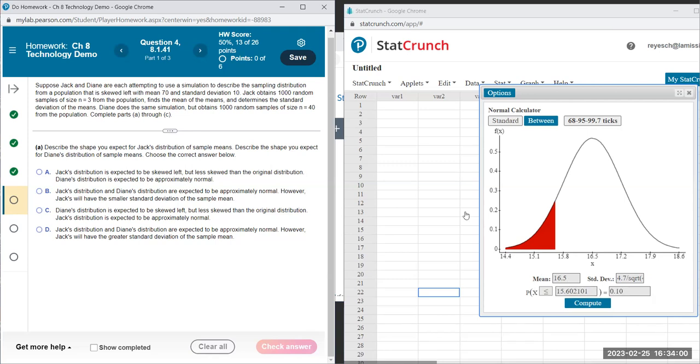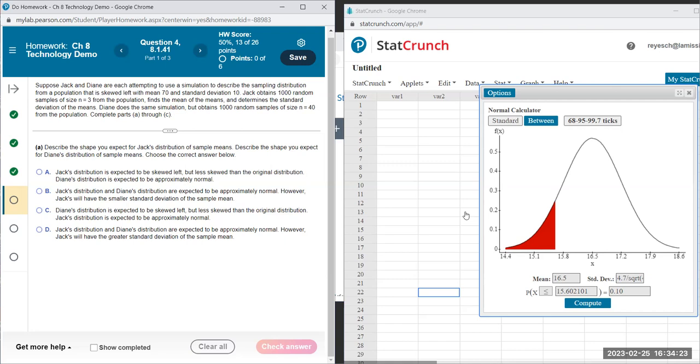Jack obtains 1,000 random samples of size 3 from the population, and notice it was skewed originally, and finds the means and determines the standard deviation of the means. Diane does the same simulation, but she obtains 1,000 random samples of size 40.